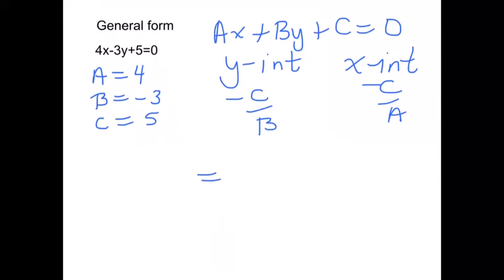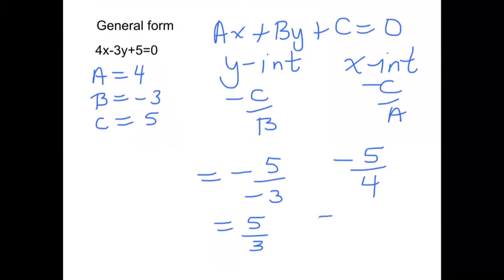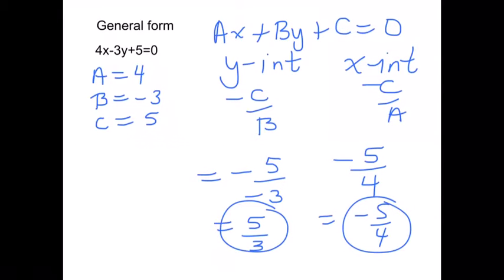So if we do a simple substitution, minus 5 over minus 3, and don't forget, two negatives make a positive, so we have a y-intercept of 5 thirds. And for the x-intercept, minus c over a, we have an x-intercept of minus 5 quarters, and let's graph that.